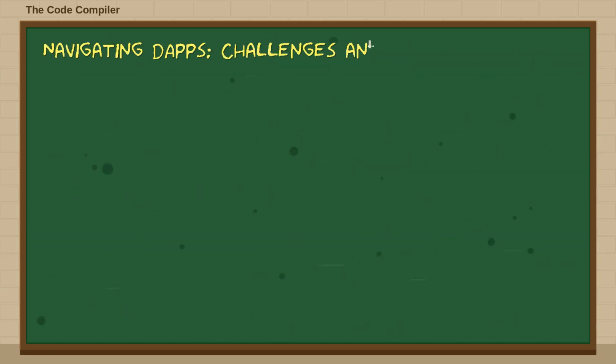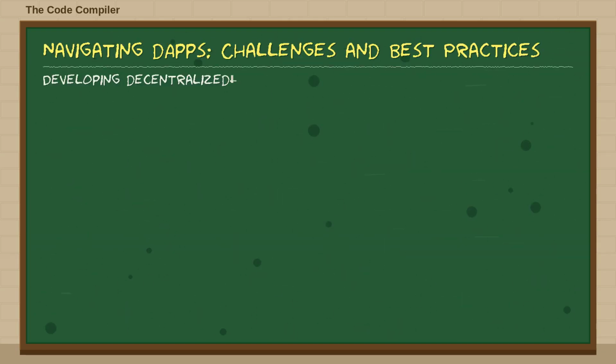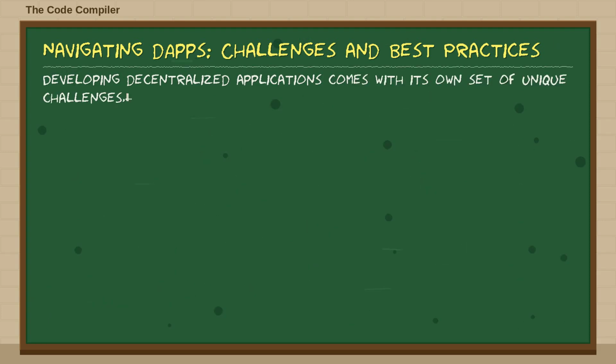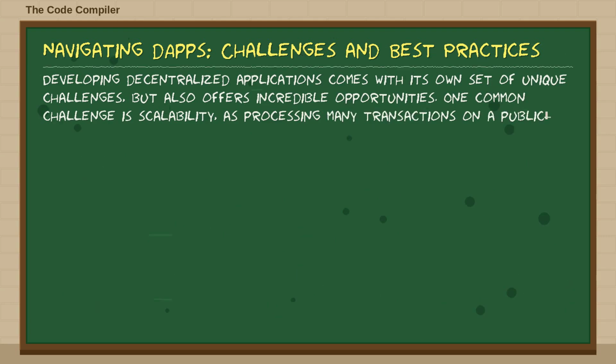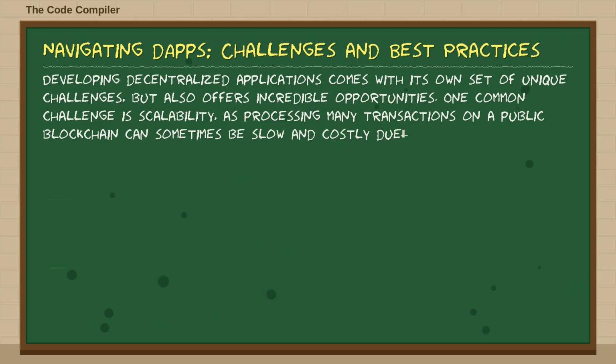Developing decentralized applications comes with its own set of unique challenges, but also offers incredible opportunities. One common challenge is scalability, as processing many transactions on a public blockchain can sometimes be slow and costly due to gas fees.